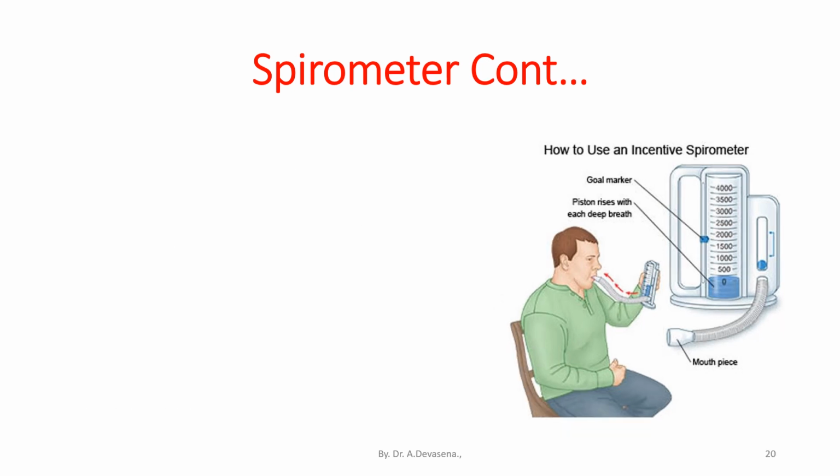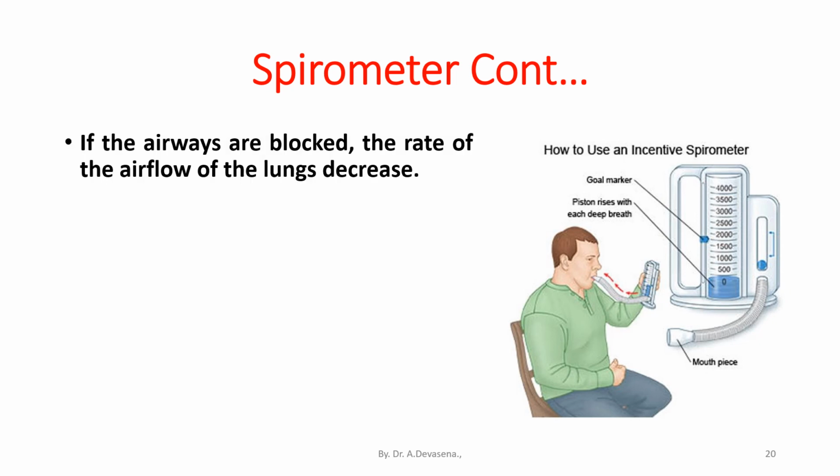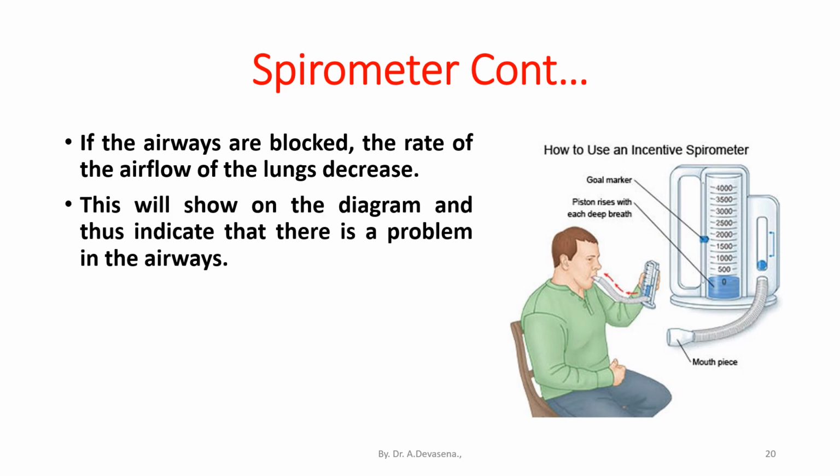If the airways are blocked, the rate of airflow of the lungs decreases. This will show on the diagram and thus indicate that there is a problem in the airways. The most common obstruction stems from excessive phlegm or from swelling of the inner wall of the airways.